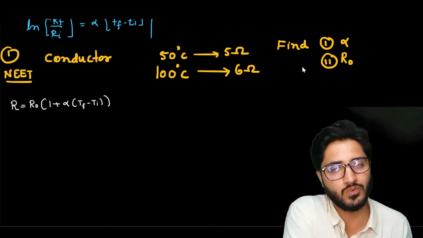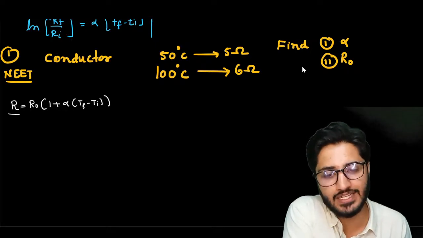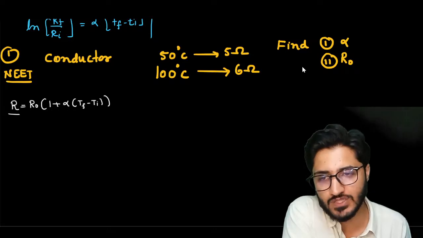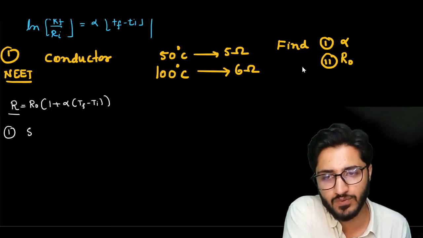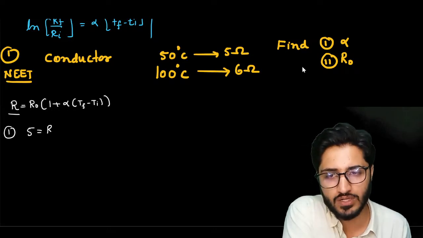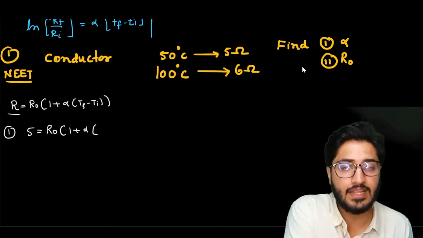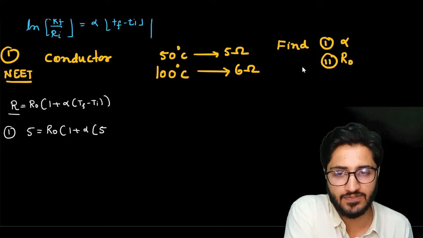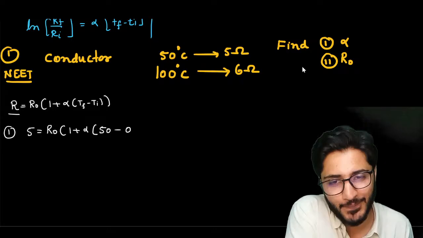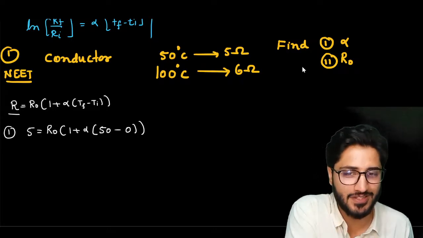What is given to us? R is 5. So for the first one, 5 equals R naught times 1 plus alpha times T final, which is 50 degree, minus initial, which we always take as 0. I told you, no?